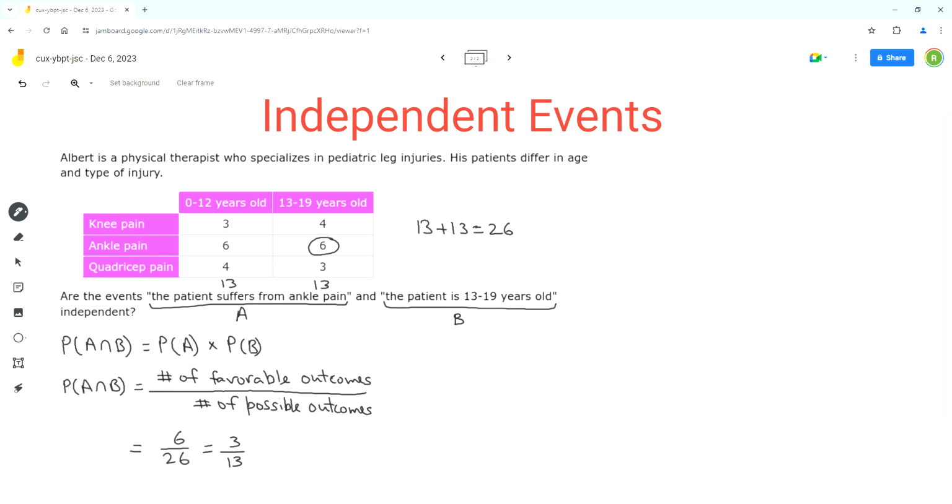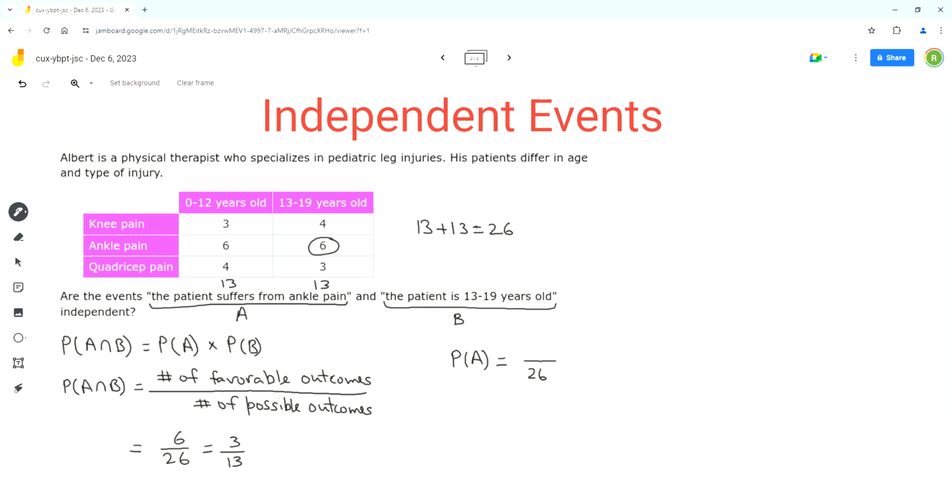Next, we should calculate the probability for event A. So we'll use the same formula, number of favorable outcomes over number of possible outcomes. Now we have to select a patient. There are 26 choices, so there are 26 possible outcomes.